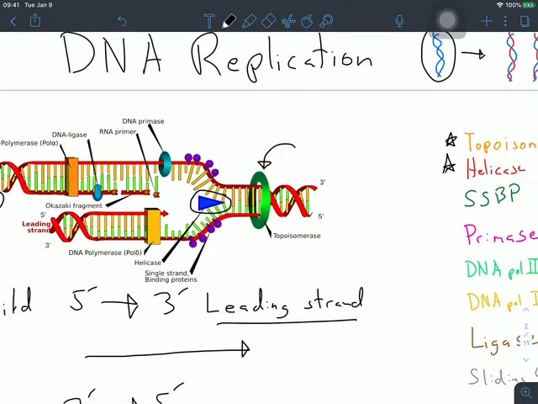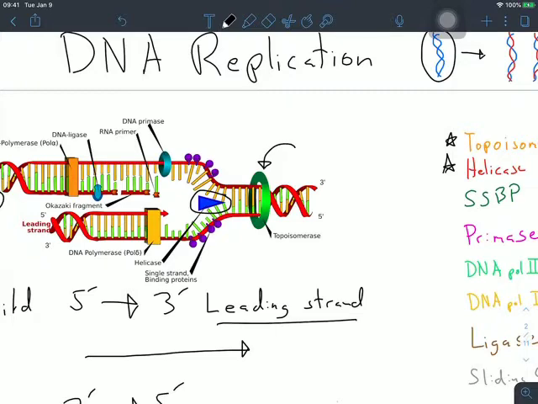Right after the helicase, we have naked DNA nucleotides. That's not very safe. We don't want them to be out in the world alone without something protecting and covering them.